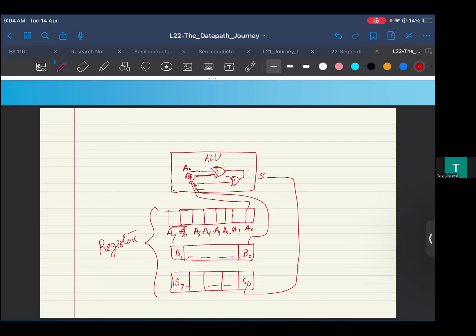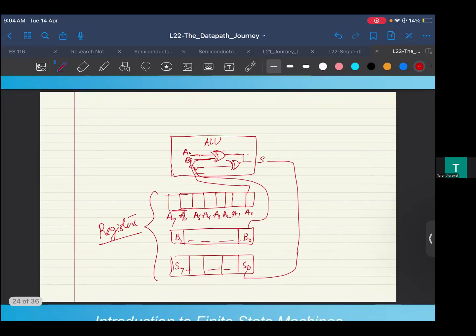That is the whole point, and typically when you study microprocessors, you will hear again and again that we are saving this data into the registers.